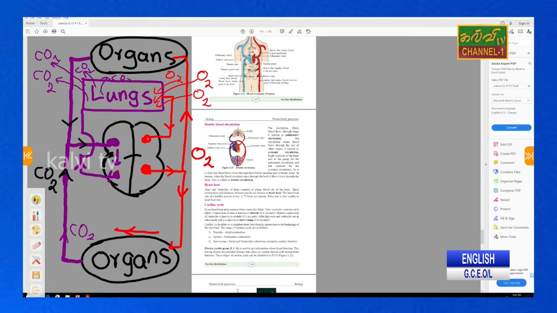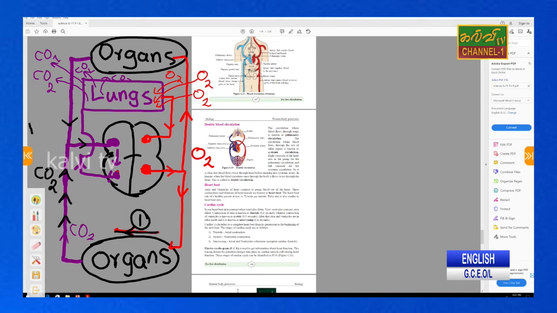So now consider if we need to transport the blood through the organ. This is the first one, I put number 1. This is through the organ. So it needs to move by the veins.